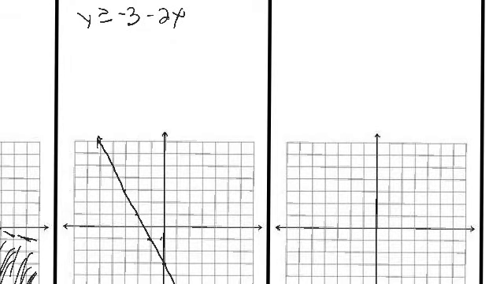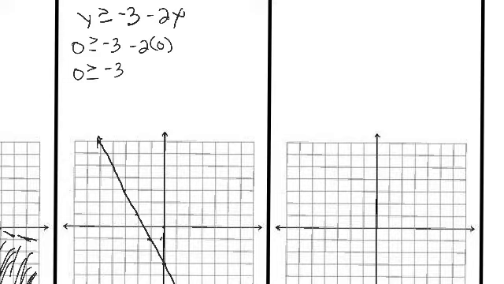So I still need to figure out, though, which side of the solid line to shade. That's a lot of S words. So if I put in, again, the 0, 0, the famous point, if it makes a true statement, we shade that direction. I'm anxious for this to not work, because so far it's worked both times. All right, 0 is greater than or equal to, well, negative 2 times 0 is 0, negative 3.